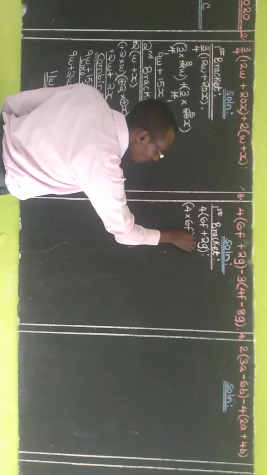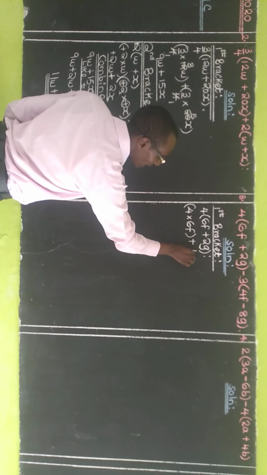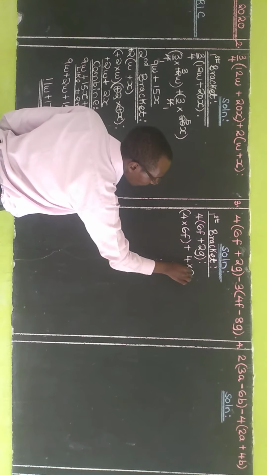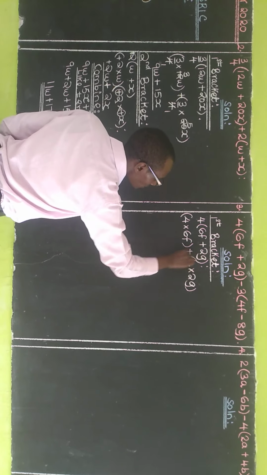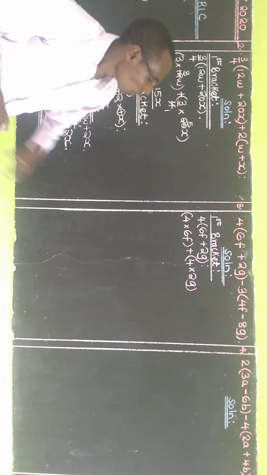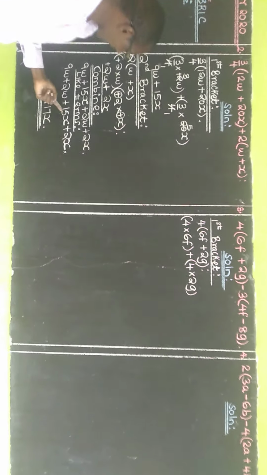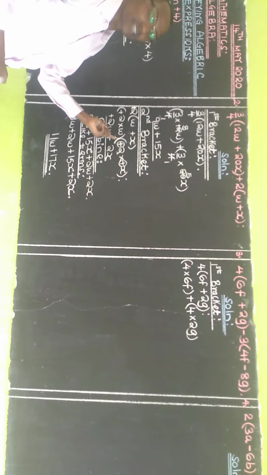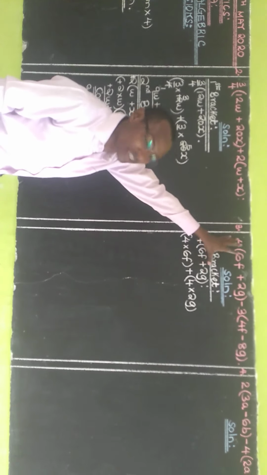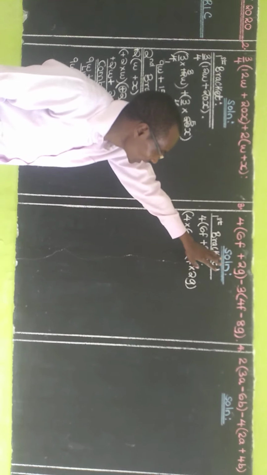Then we have a positive plus, then again 4 multiplied by 2g. Someone will ask him or herself, why am I not picking this positive sign like I did in the second bracket? This is because the very first bracket does not have any problem. The problem comes in opening the second bracket.